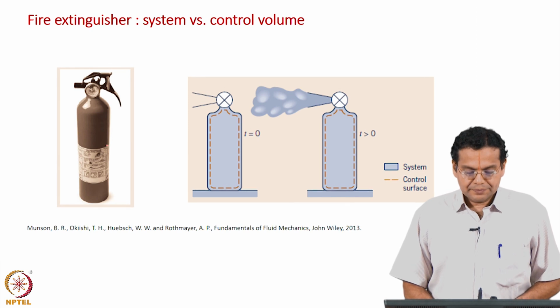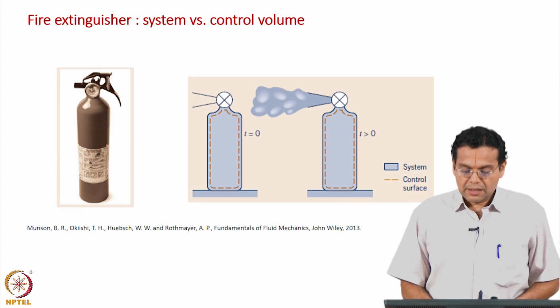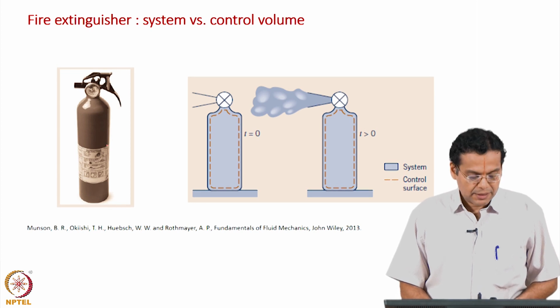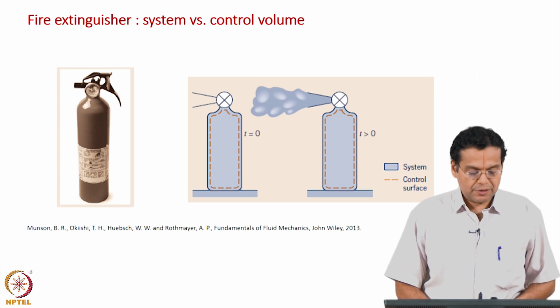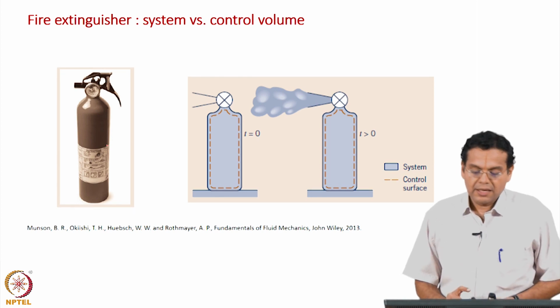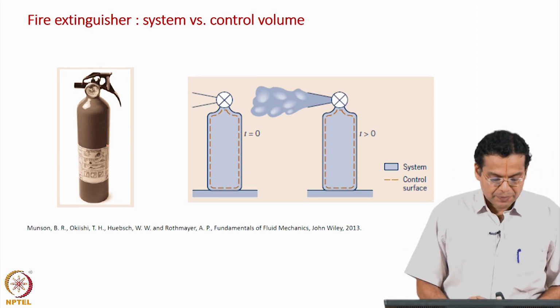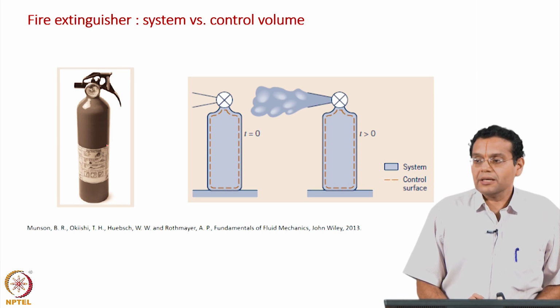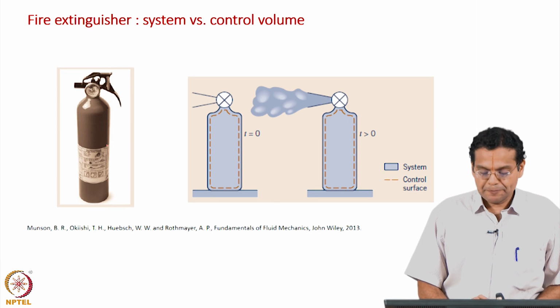Now, let us compare system and control volume, taking a very nice example from the book Munson et al., Fundamentals of Fluid Mechanics. What is shown here is a fire extinguisher filled with, let us say, CO2 gas.